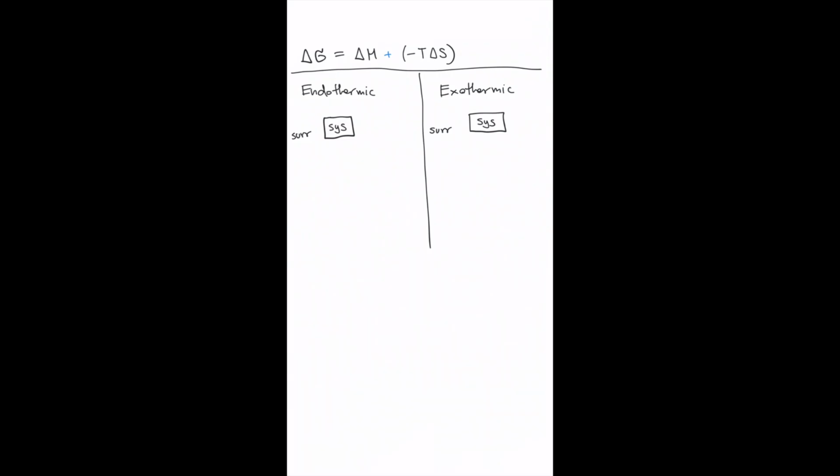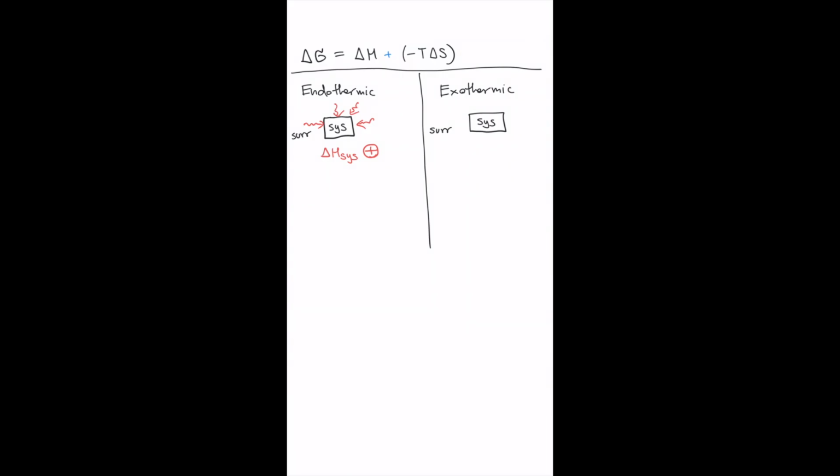When we talk about endo versus exothermic process, we are looking at how the heat is exchanged between system and the surrounding. For the endothermic process, we know that the system is absorbing heat from the surrounding. Therefore, in this case, you will see that the delta H of the system would be a positive value because it's gaining heat.